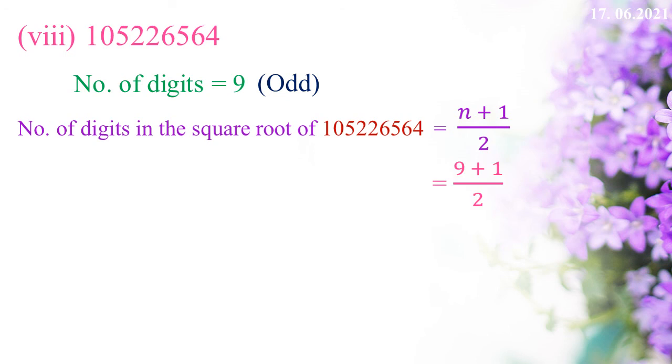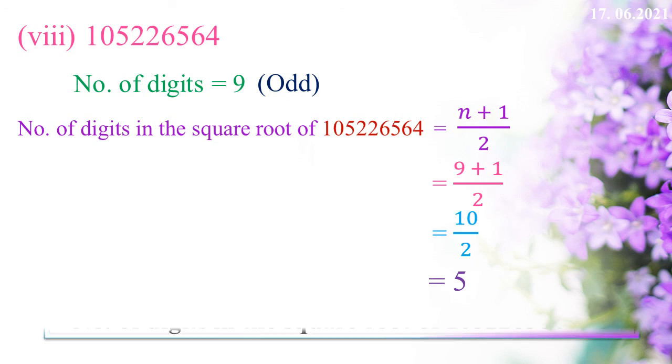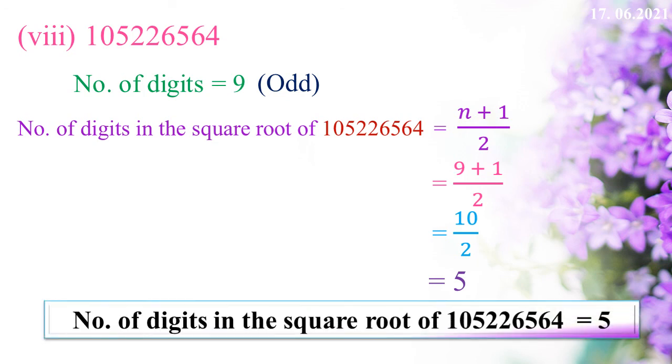Here n is 9. So 9 plus 1 by 2 equals 10 by 2. Here 2 is the common factor. So we can divide both 10 and 2 by 2. We will get 5. Therefore, the number of digits in the square root of 10 crore 52 lakh 26,564 is 5.